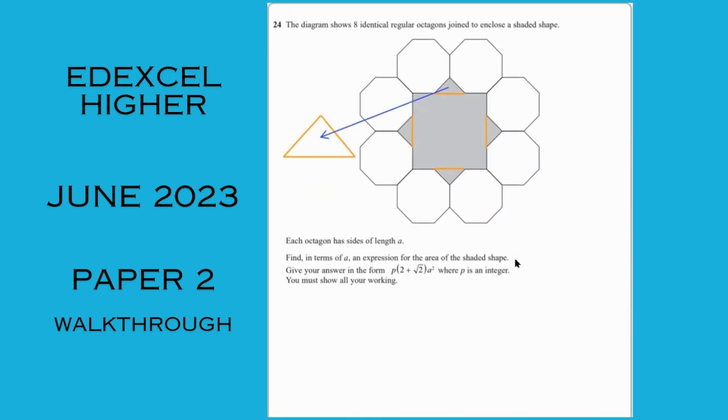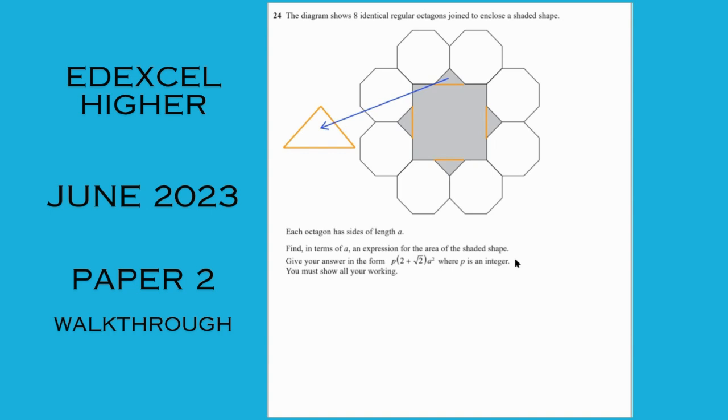Number 24, I've already done a little bit of drawing on there because this one's a pain. So you're told that the octagon is A by A by A by A, or in other words, that's A, and so's that.